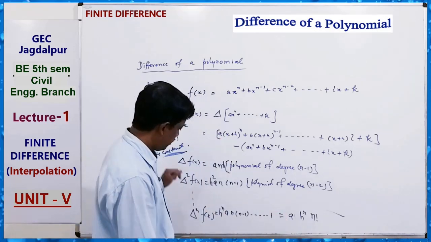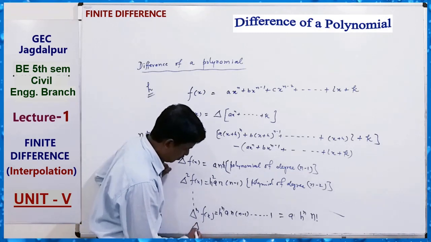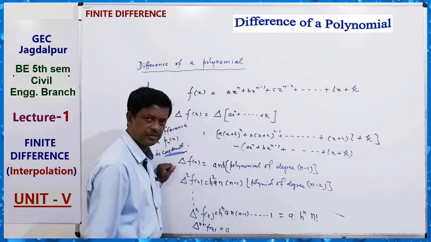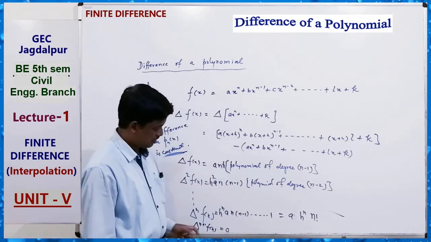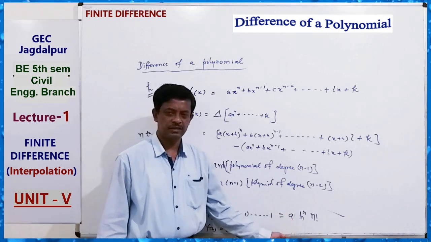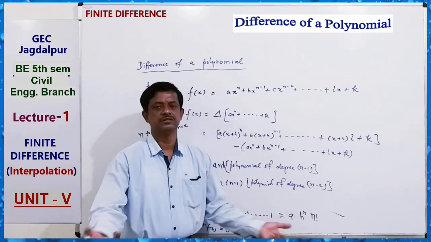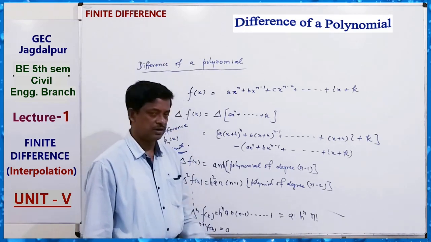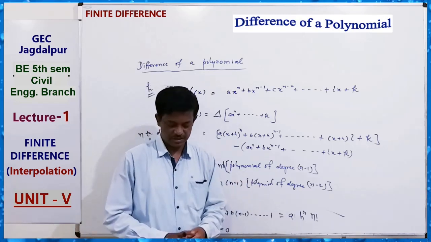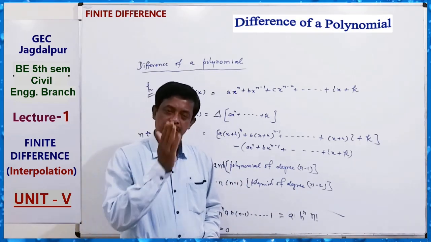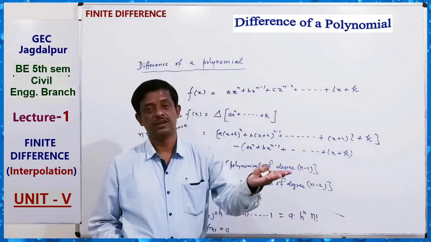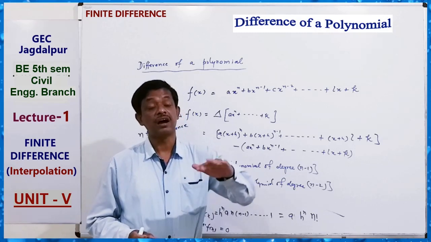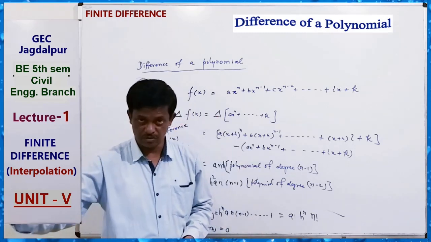Clear? Now, if we take higher order differences, the n plus 1 difference, then this equals 0. Because difference means f(x+h) minus f(x), we can see that this is constant minus constant, 0. So the higher order differences are 0. Means the nth order forward difference of a polynomial of nth degree is always constant and its higher order differences are always 0.